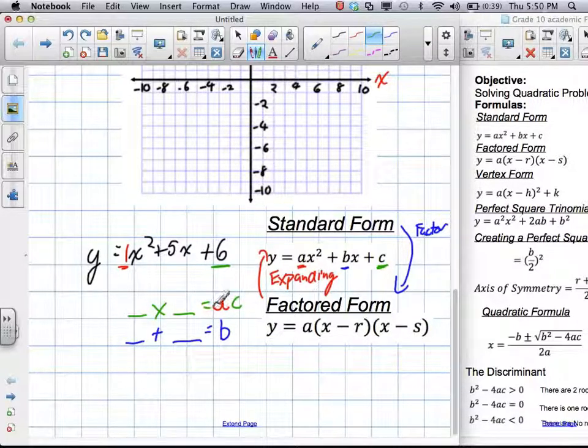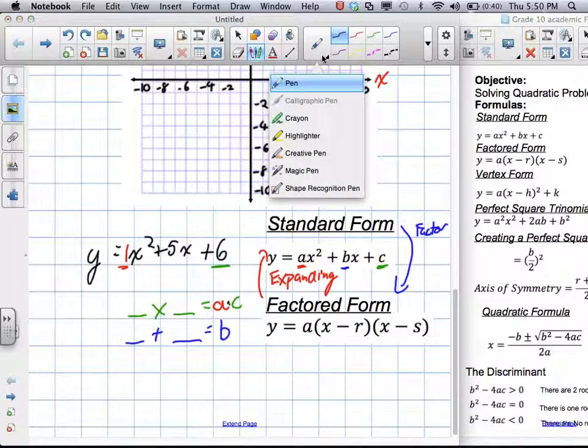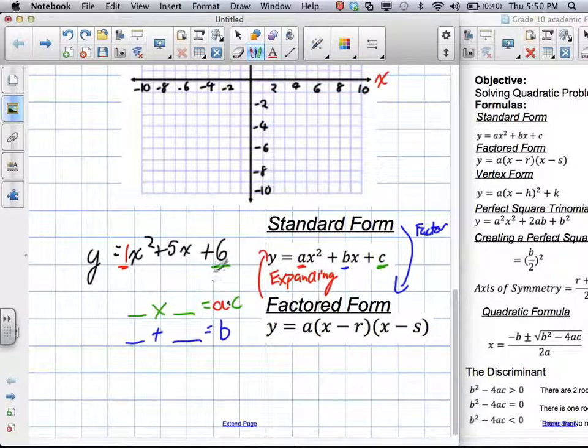It's technically two numbers that multiply to AC, which means A times C. Now the reason you've probably been told that it's just the C is because when A is 1, 1 times 6 is still just going to be 6. If this wasn't the number 1, then we'd have to abide by this type of rule. And it gets a little more complex even from there. But for now, let's go with that.